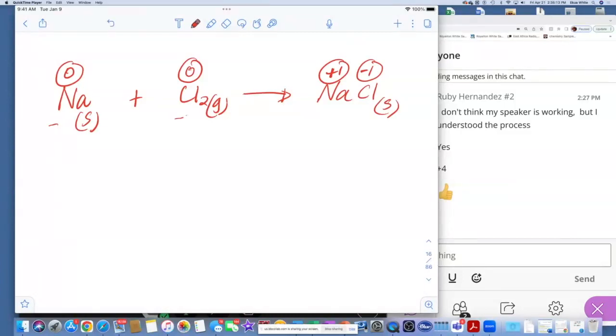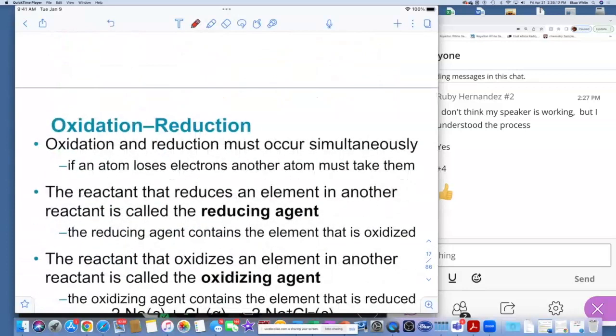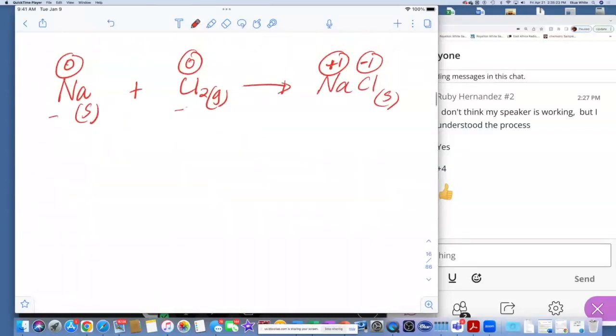Okay, now that we're done with that, we're being asked to first figure out what's being oxidized, what's being reduced, then assign the agents. I mentioned in class, if I were famous, if I had this amazing talent and I hired an agent, what would the agent be doing for me?